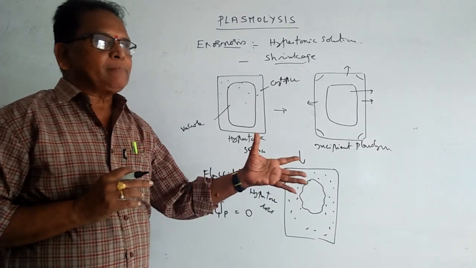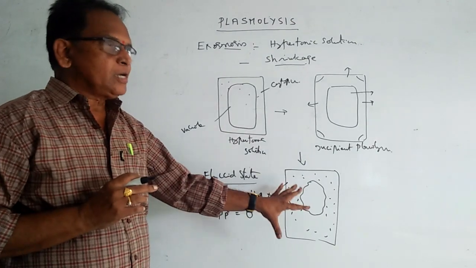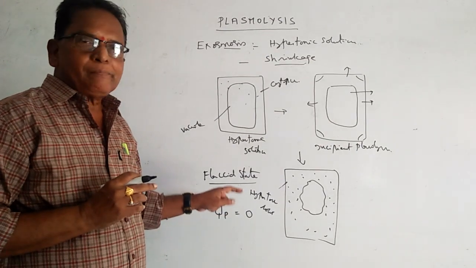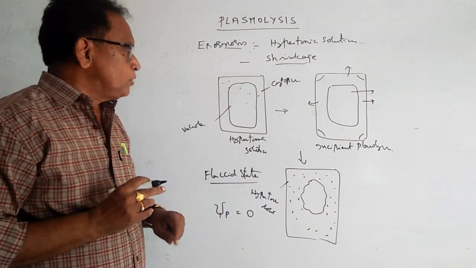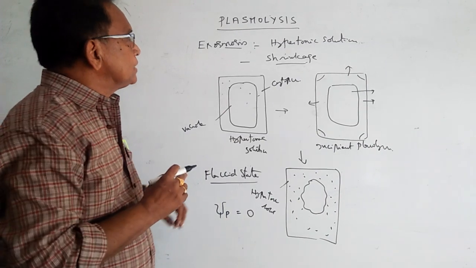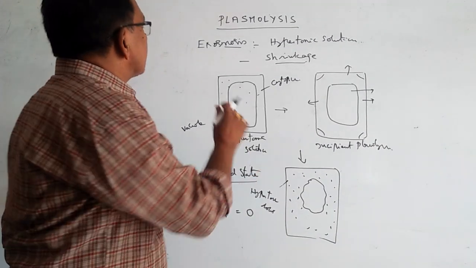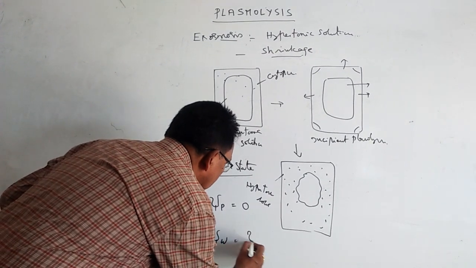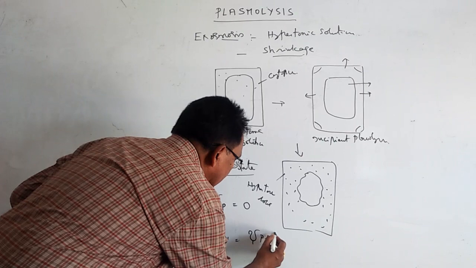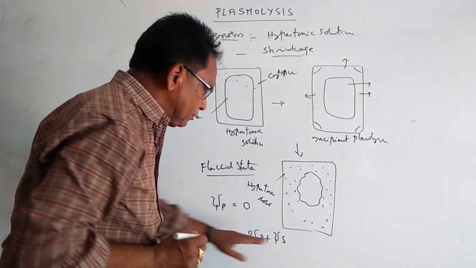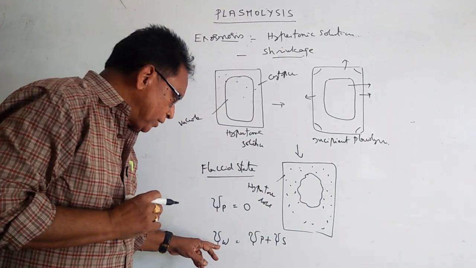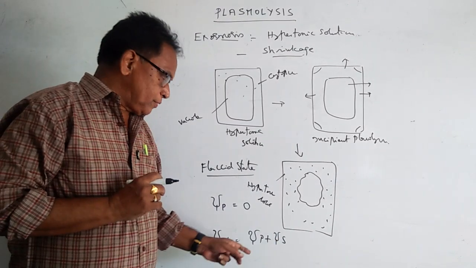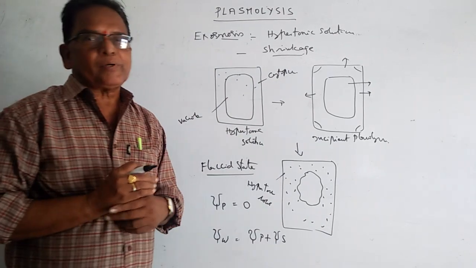When the water in the cell comes out, the pressure potential, psi P, becomes zero. We also discussed an equation: psi W is equal to psi P plus psi S. The water potential is equal to the algebraic sum of pressure potential and solute potential.